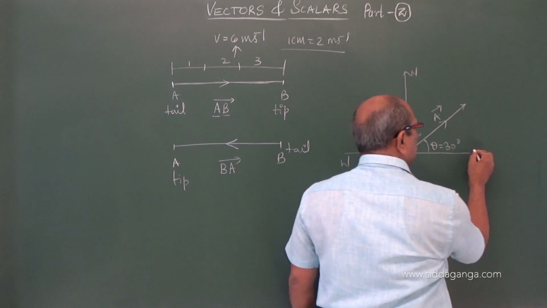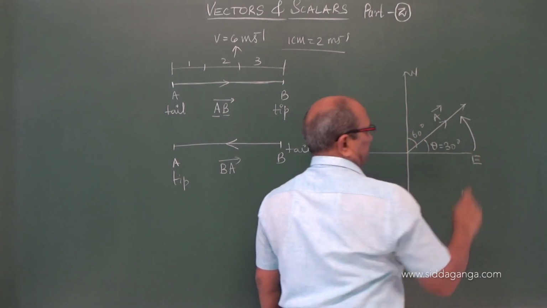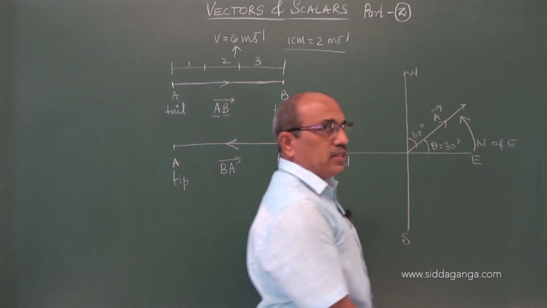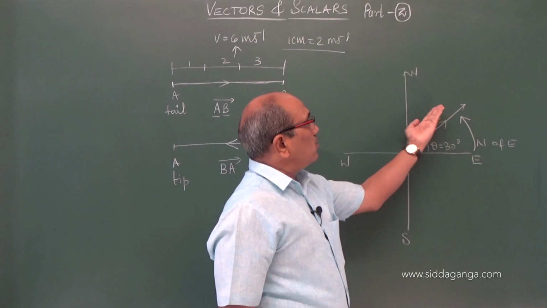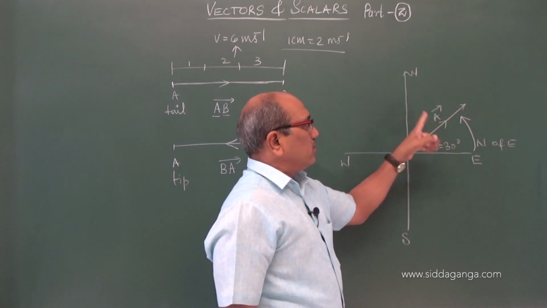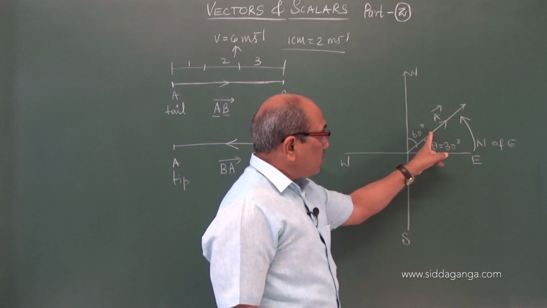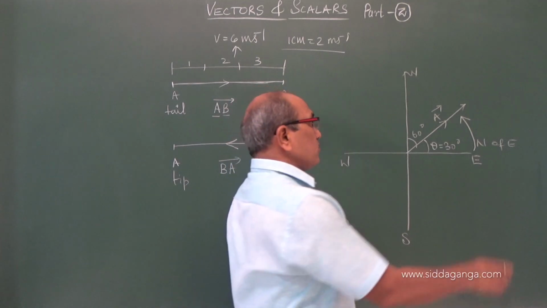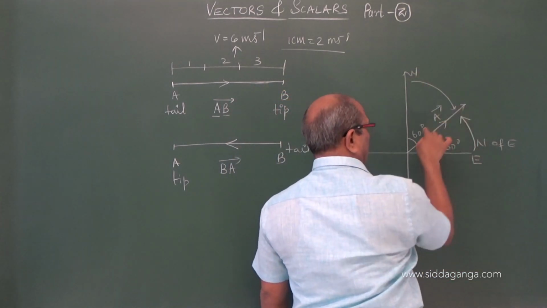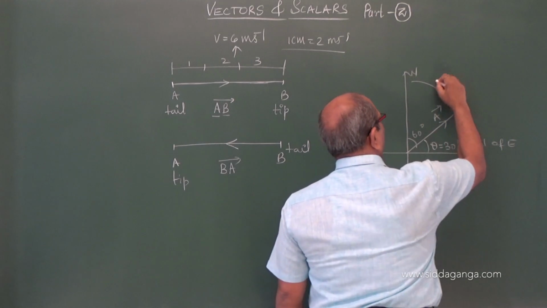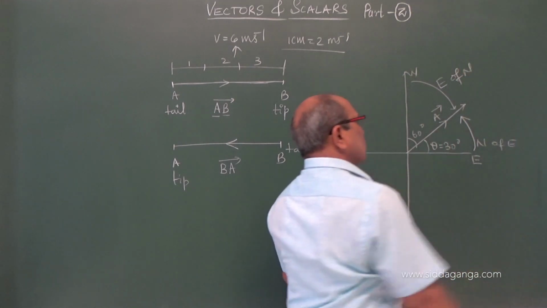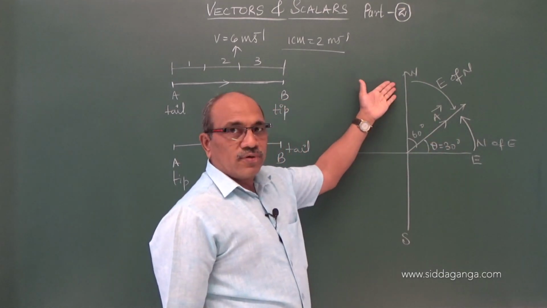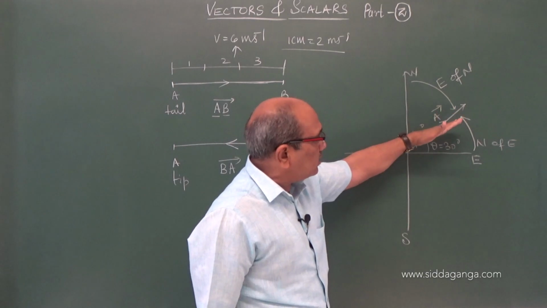Now I say 30 degree north of east. That means from the east towards north, if you move 30 degree, you will get the vector A. The same vector can be represented from north also, but not 30, it is 60 degree. If I consider this angle, east of north, the vector A is the same. East of north: from north you have to move 60 degree towards east to get this.